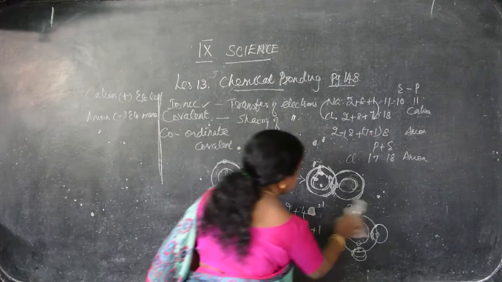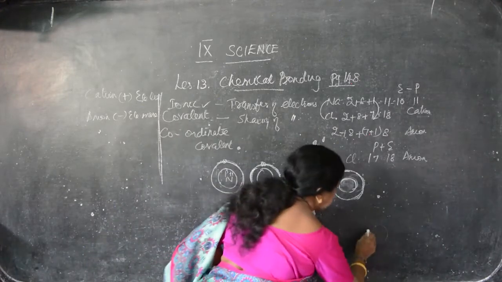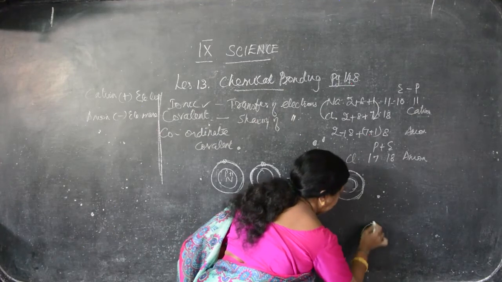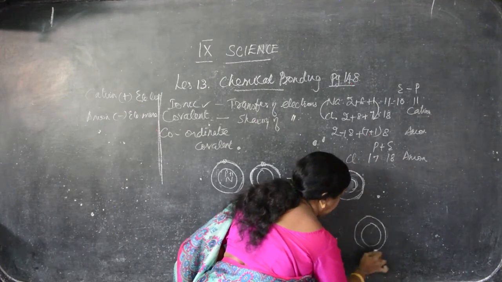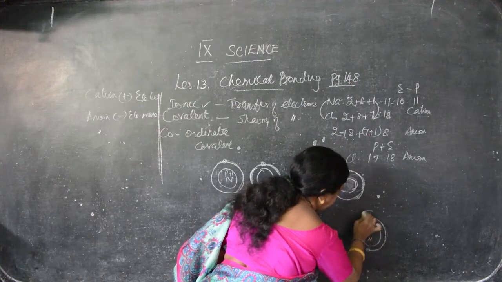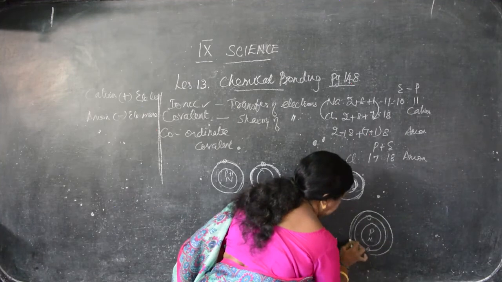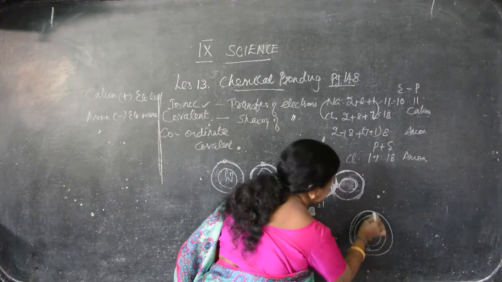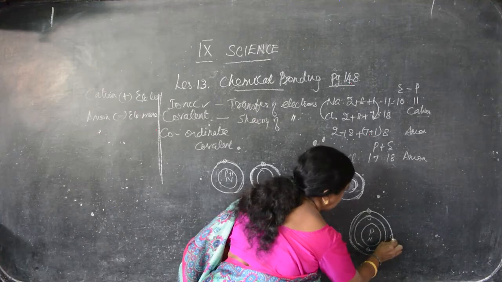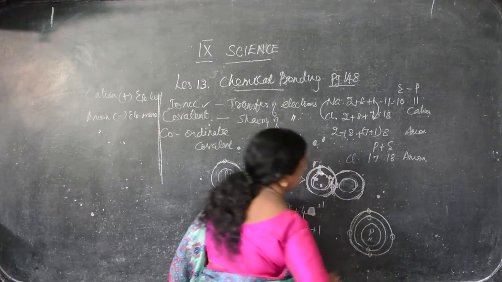In the center is the nucleus, around the nucleus the first orbit, then the second orbit. Totally 6 electrons: the first orbit has 2, so the remaining is 4.